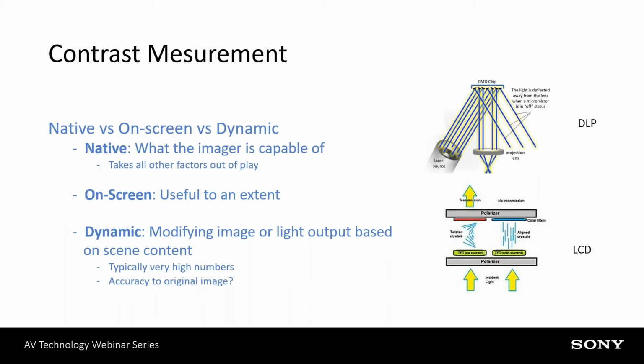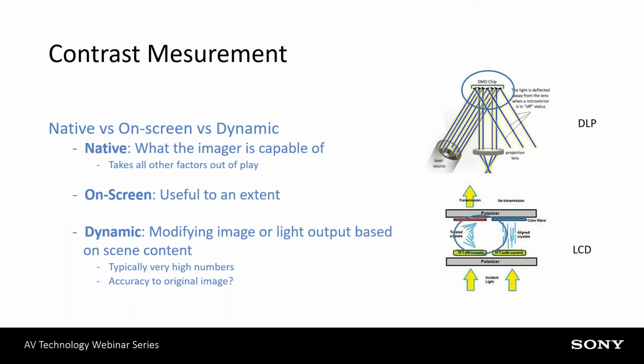On the right-hand side are two diagrams, and I'm going to highlight the case of a DLP or DMD chip and an LCD projector. In the case of the DLP, I'm taking little mirrors and bouncing light either through the lens to make a white pixel, or I'll move the mirror and bounce the light inside the projector cavity to make a dark pixel.